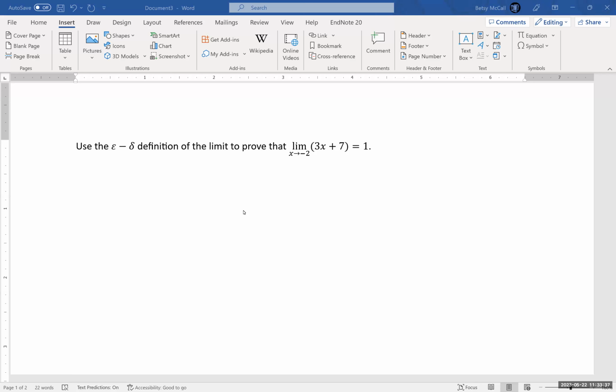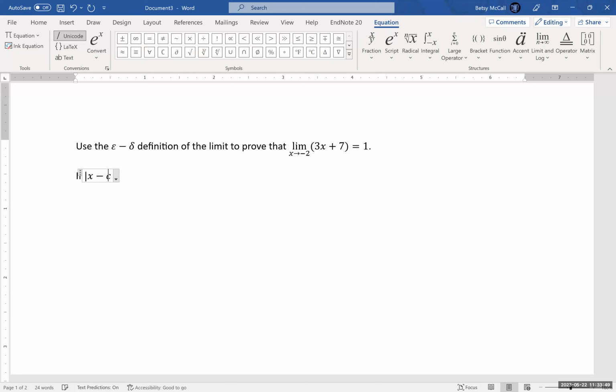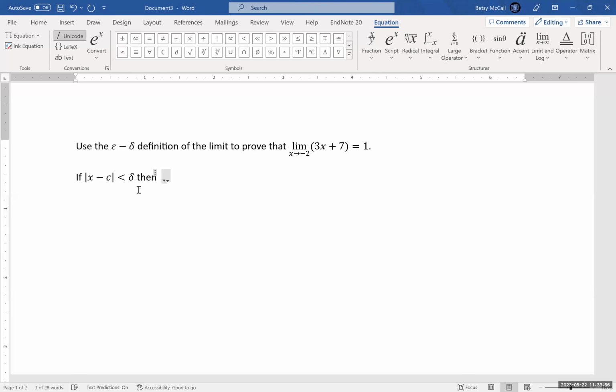Now, recall that the epsilon-delta definition of a limit says that if the absolute value of x minus c is less than delta, then the absolute value of the difference between f of x and the limit is less than epsilon.